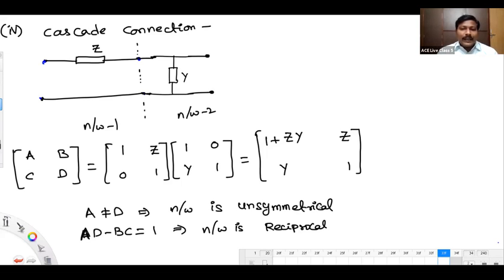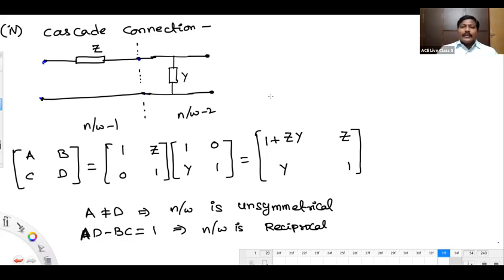Yes, that is also symmetrical. Network 1 is symmetrical and network 2 is symmetrical, but the cascade connection of these two is coming as unsymmetrical.